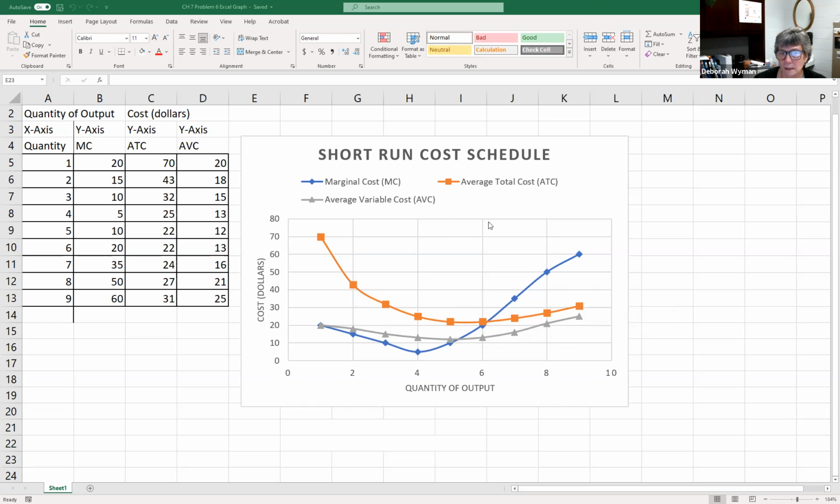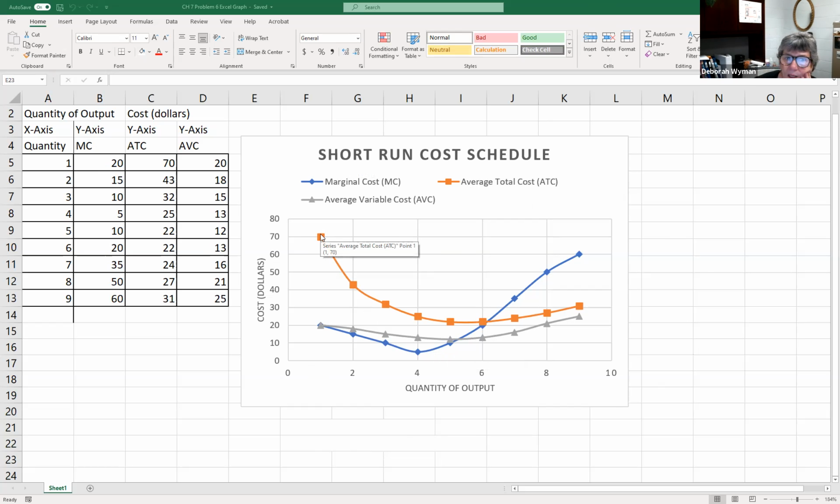And then you can see in your short run cost schedule how these things interact, right? So you're going to say, okay, what is this graph actually telling me? We're looking at the orange, which is the average total cost.